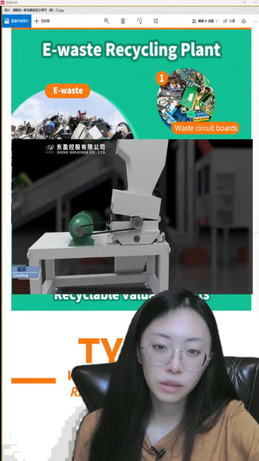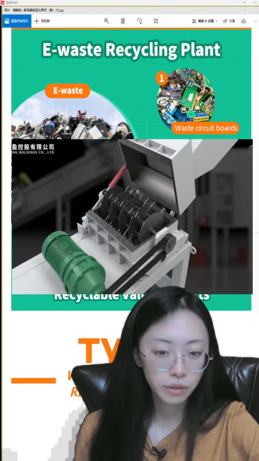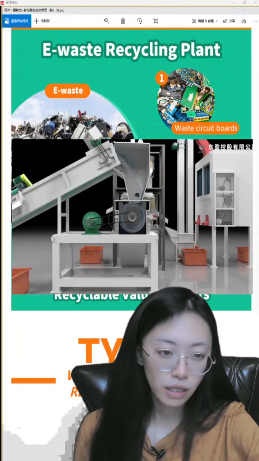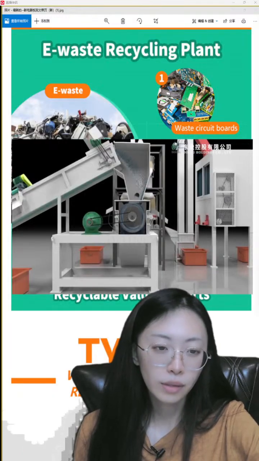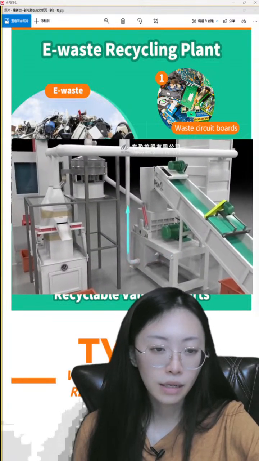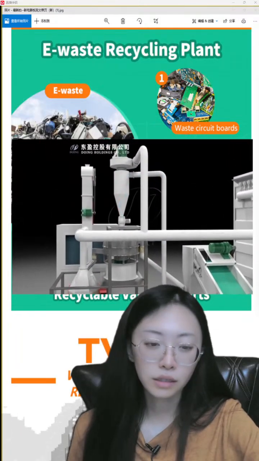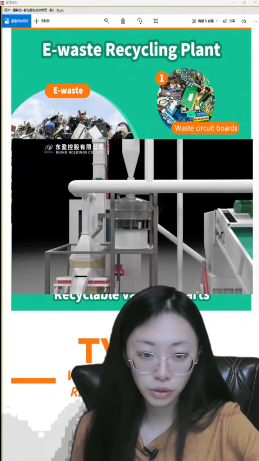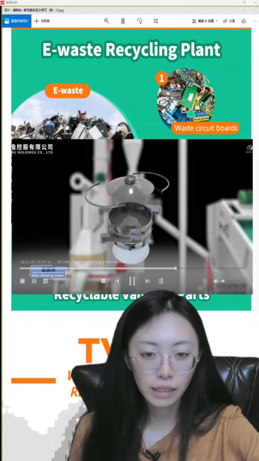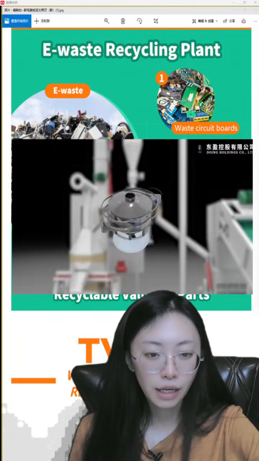It includes the component dismantling machine and the crushing machines, like the double shaft shredder, the hammer crusher, and the hammer blade crusher. We will use the air separator and electrostatic separator to separate the different kinds of materials, the metals and the resin fiber. And this is the vibrating screen, which controls the sizes. We will introduce this production line later.